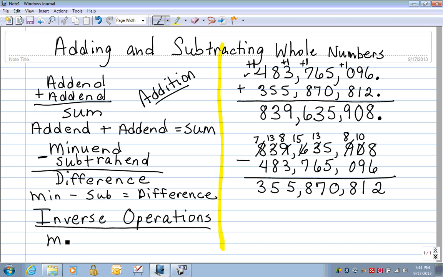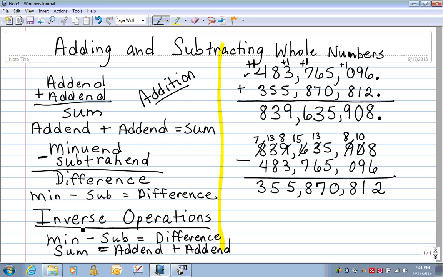The minuend minus the subtrahend equals the difference. The sum, which is what the minuend is, equals the addend, which is the subtrahend, plus the addend, which is your difference.